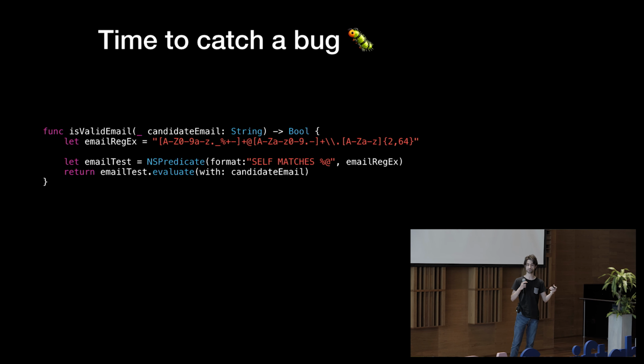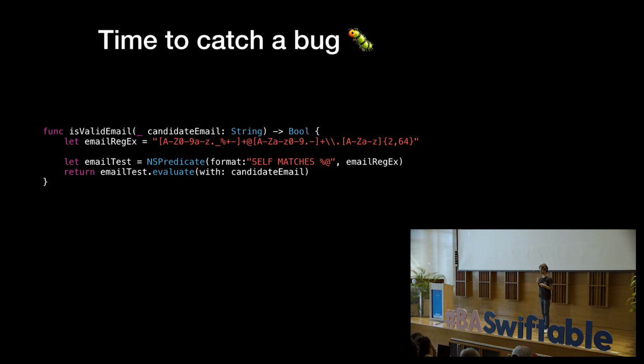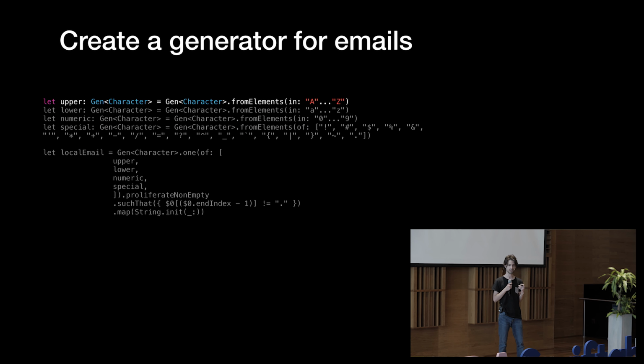We start by encapsulating it within a function that is going to have a nice signature. It takes a string, which is an email address, and returns a Boolean to tell you whether or not it's a valid email. So pretty straightforward. And then we are going to create a generator that is going to generate random valid email addresses. So we start by basic building blocks, so a generator for uppercase character, same thing for lowercase character, numerical characters, special characters.